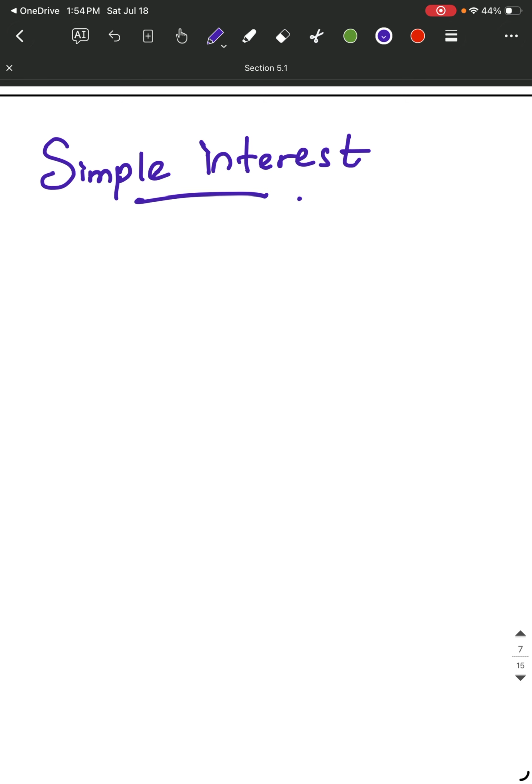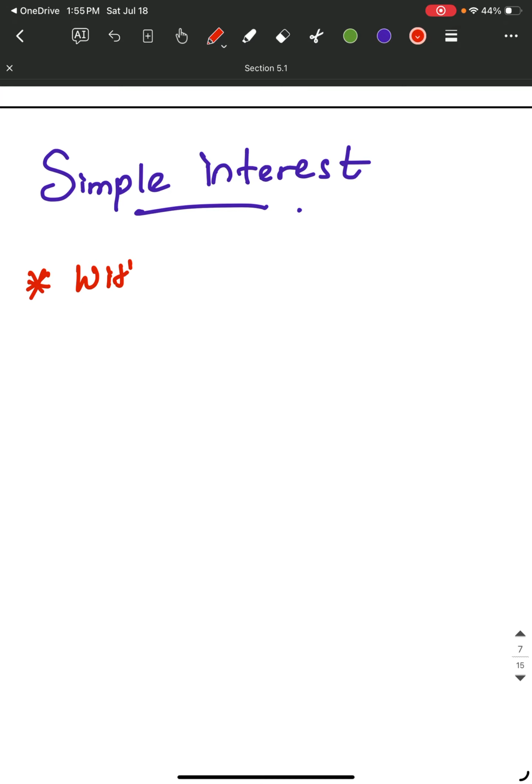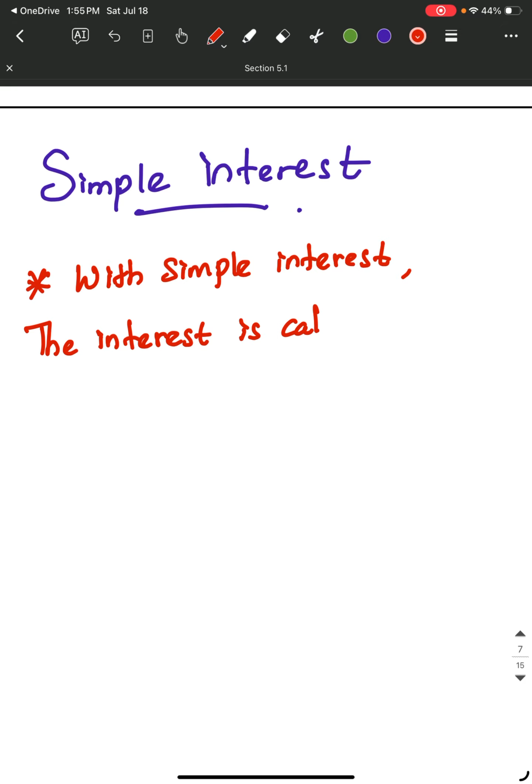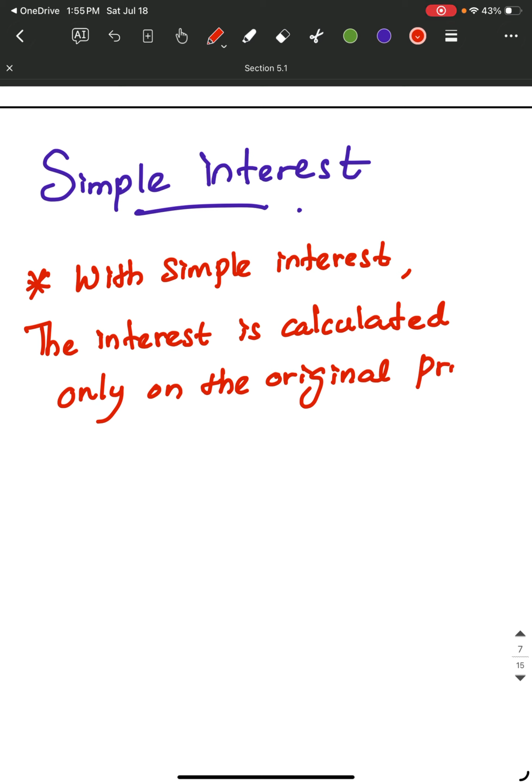With simple interest, interest is calculated only on the original principal amount.